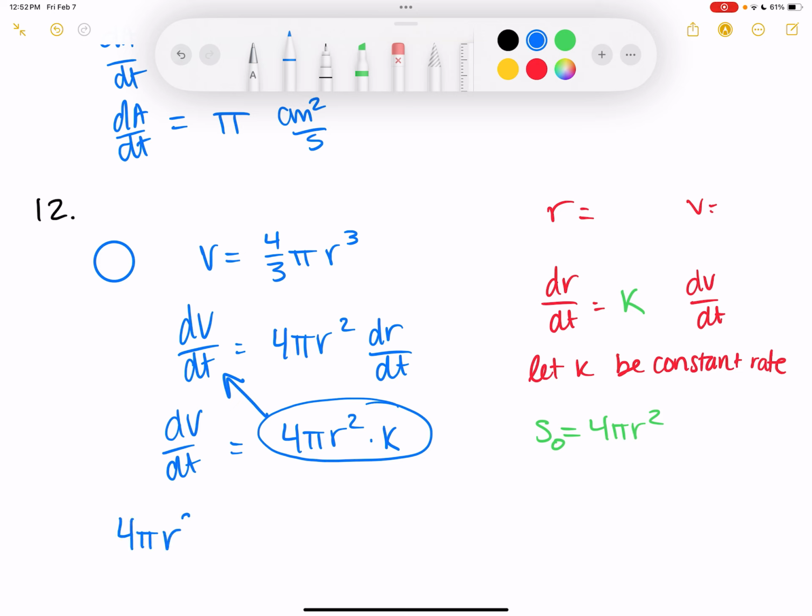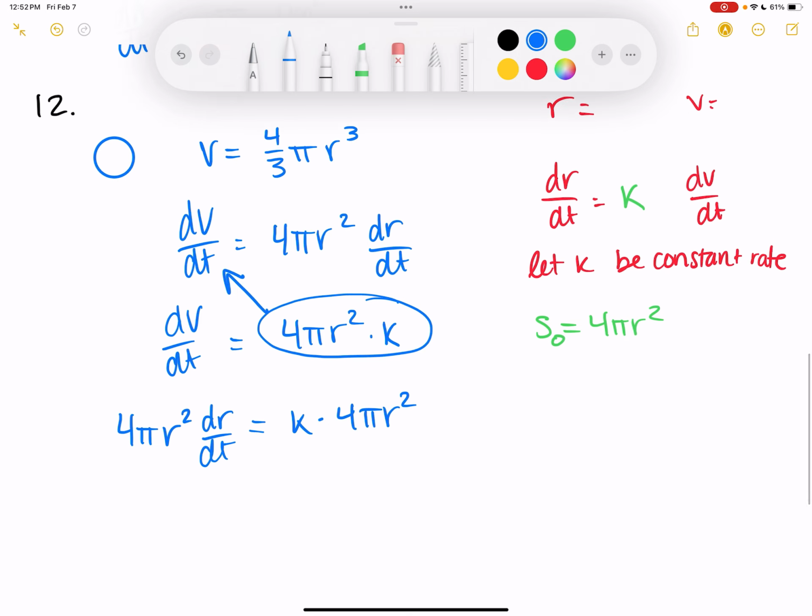So 4 pi r squared dr dt equals K times 4 pi r squared. And I just put the K in front since it's a constant and not a variable. Can divide by 4 pi r squared, so dr dt equals K. We already figured that out.